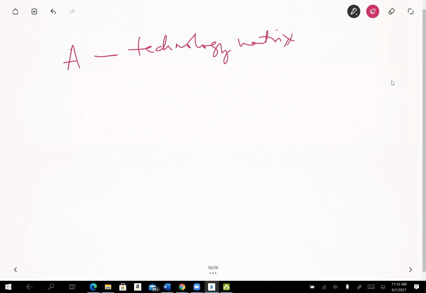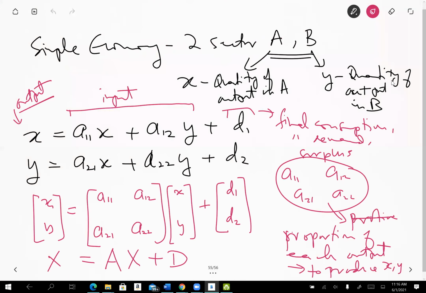Now, from that equation, in terms of AX and X, what we do here is you bring the AX to the left.